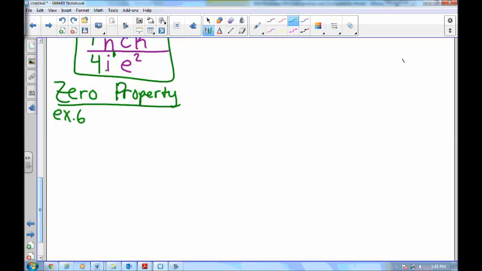Okay, anything to the 0 power, 8 to the 0, 9 to the 0. How many A's are actually here? 0. So there are no A's there, right? They're invisible. What's the only number that's allowed to be invisible? 1.